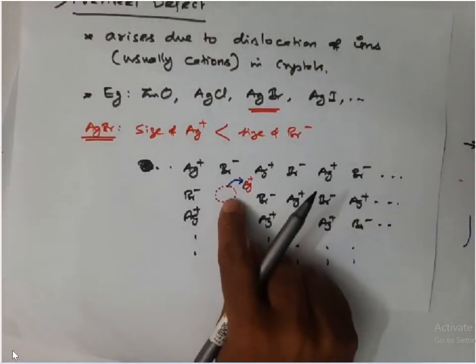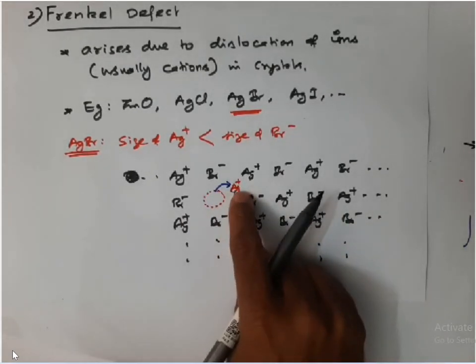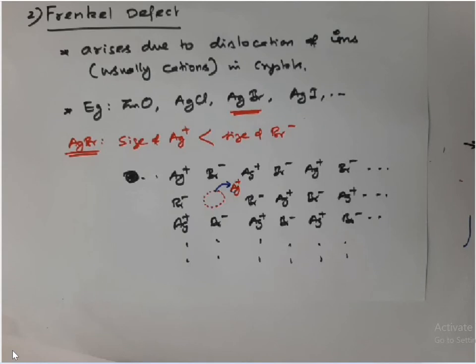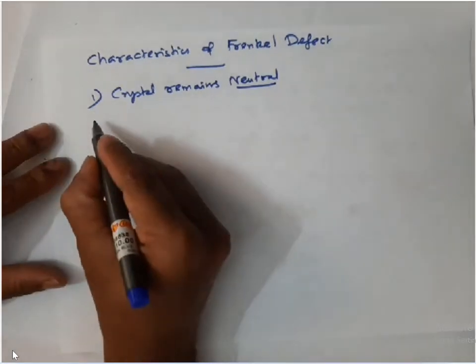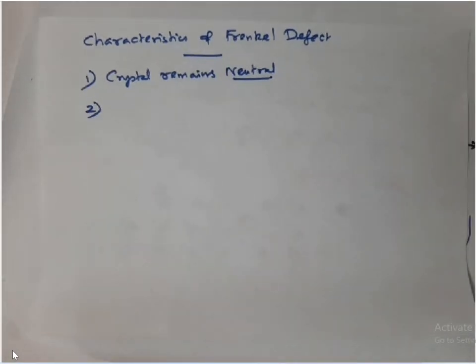Neutral, sir. See, the silver ion is not missing from the lattice. It is simply dislocated, that's all. So the silver ion is there in the crystal, therefore the total positive charge and total negative charge of the crystal remain the same. So the crystal remains neutral.